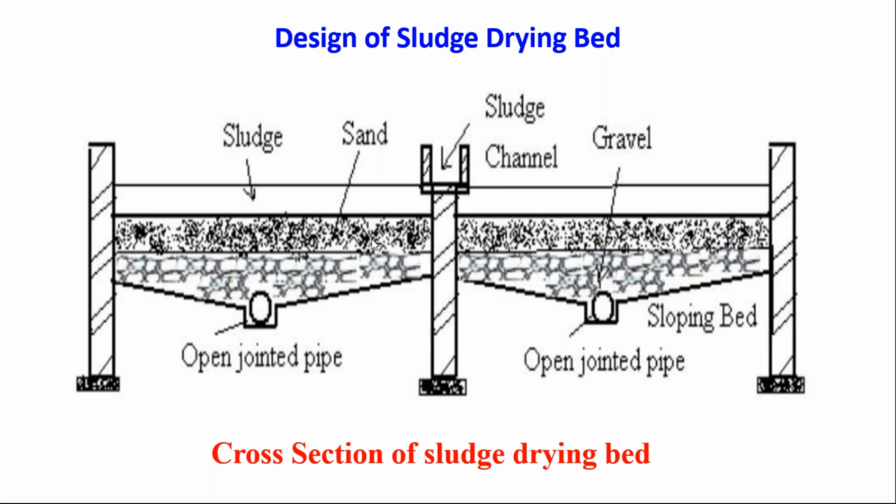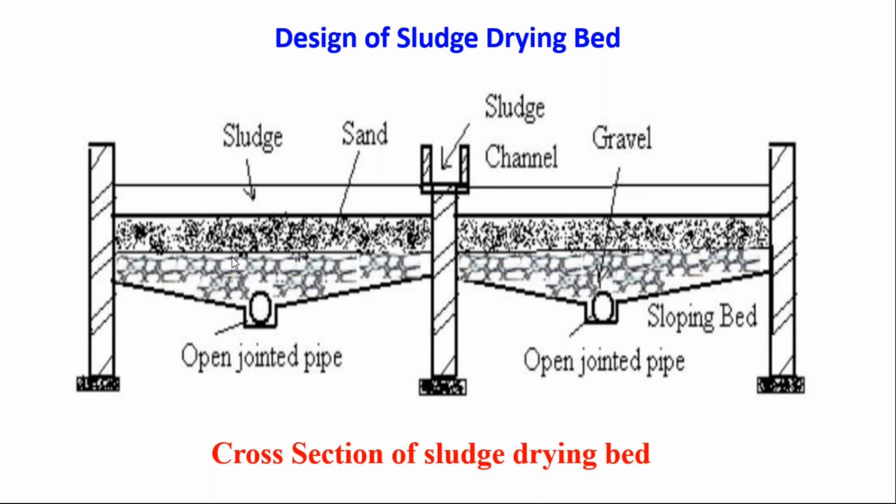So this is the sand, this is the sludge, and here it is an open jointed pipe, and here it is a gravel. Different size gravels can be used, different size sands can be utilized, and with the help of this design we can de-water this sludge, means we can remove this water from this sludge.